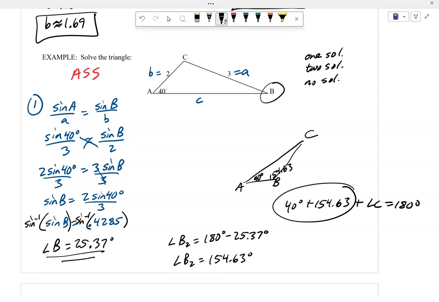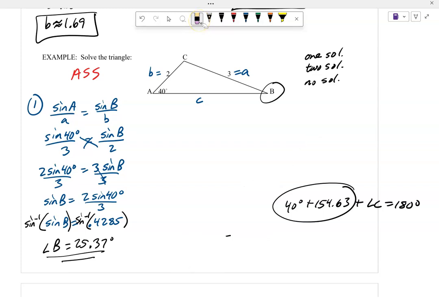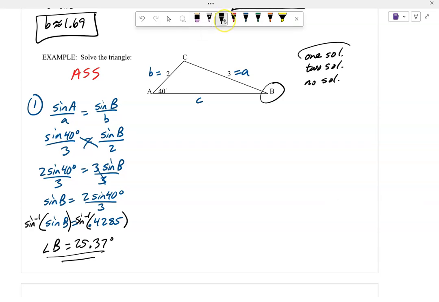This is too much, 194.63. So there's no way, I don't have a second option for angle B. Okay. So let me erase that. So I only have one solution to this one is what I'm saying. I only have one solution. I've ruled out two solutions. Okay. And I know I don't have no solutions because when I take the arcsine, it gives me a value 25.37.